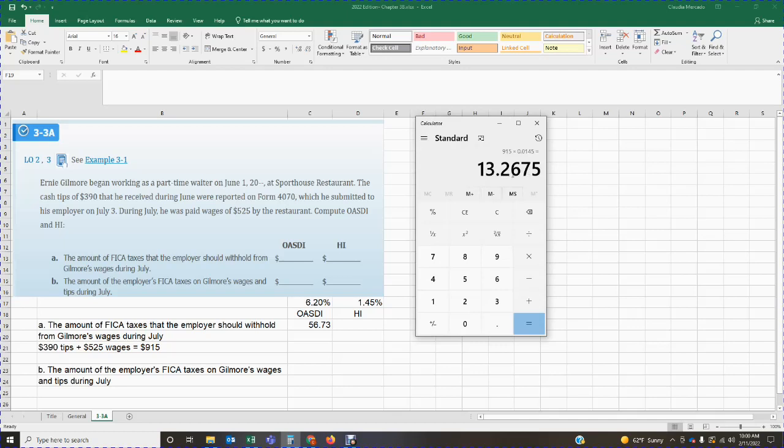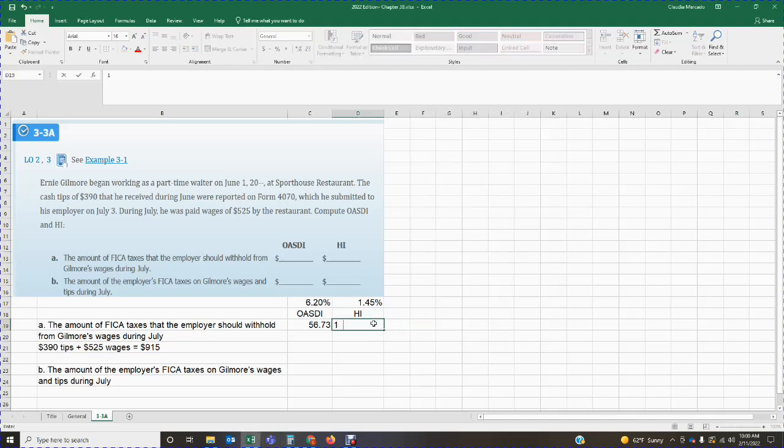We're going to round up to 13.27. Remember, always look at the third digit. If it's 5 or greater, then we need to round that second digit up by 1. So then that will be 13.27. Now this is the amount that we are going to withhold from Gilmore's paycheck, for OASDI and for HI purposes.